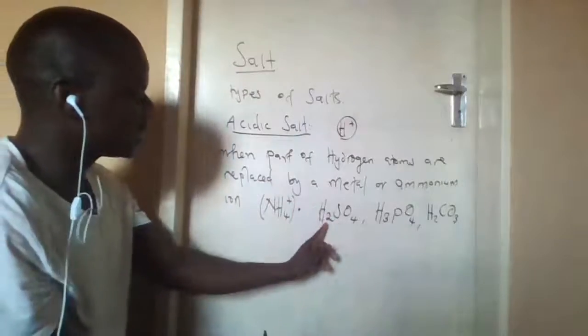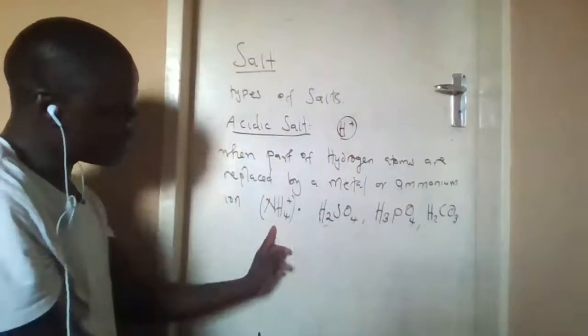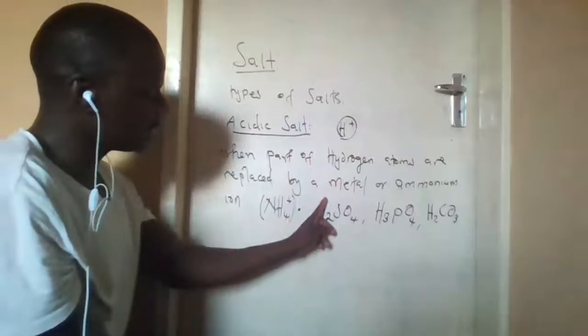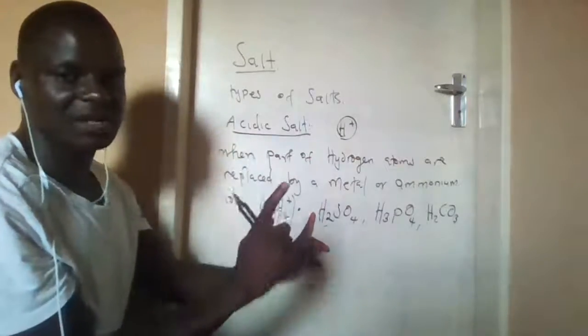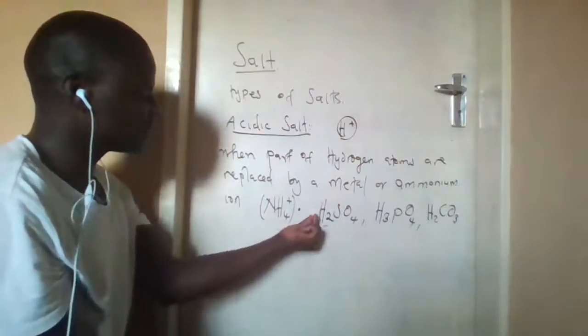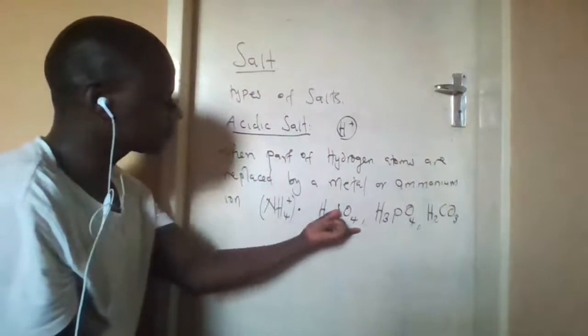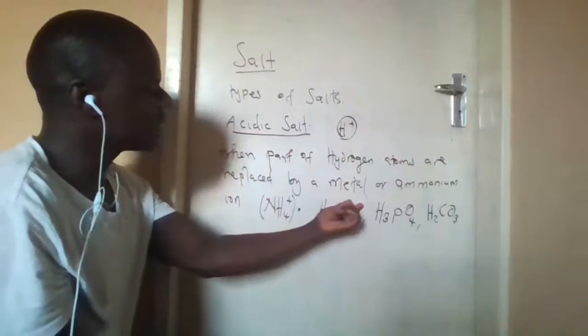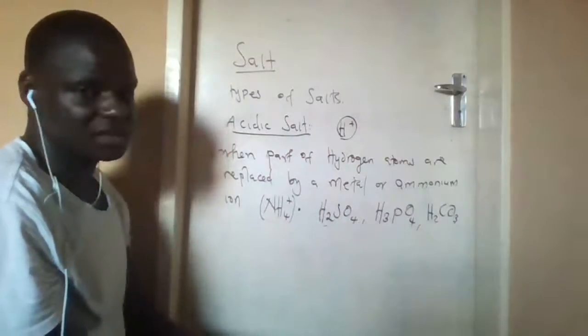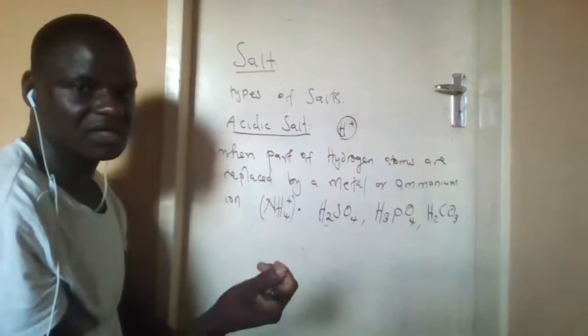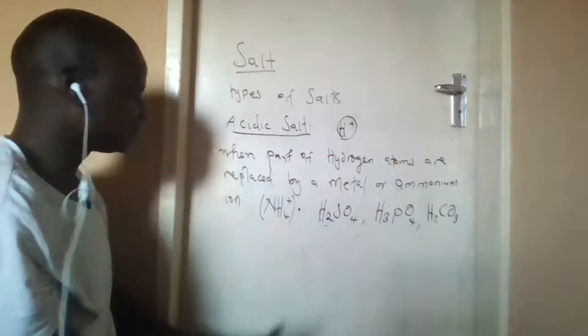But with sulfuric acid, you can have one hydrogen gone, then bring in a metal whose valence is 1, so that the valence of that metal and the valence of the hydrogen can accommodate the 2 minus coming from the sulfate, because the sulfate has a valency of 2.